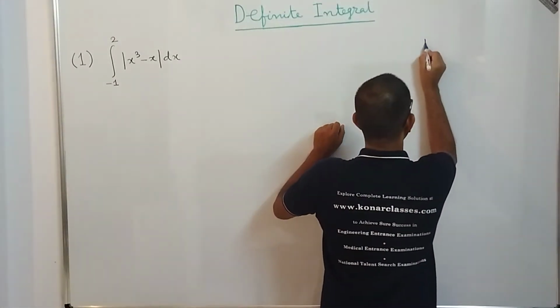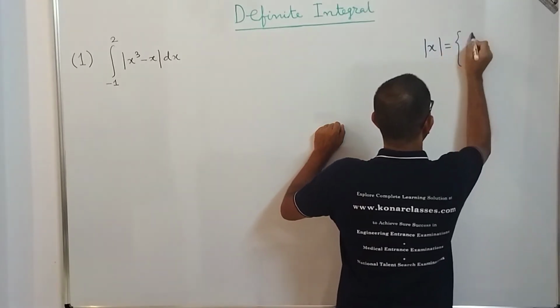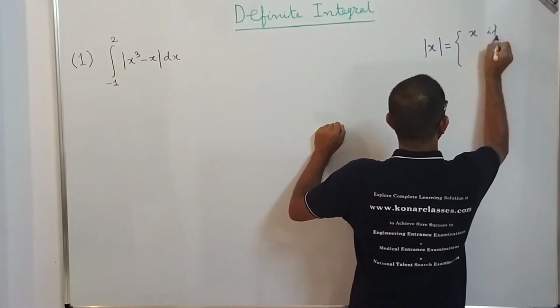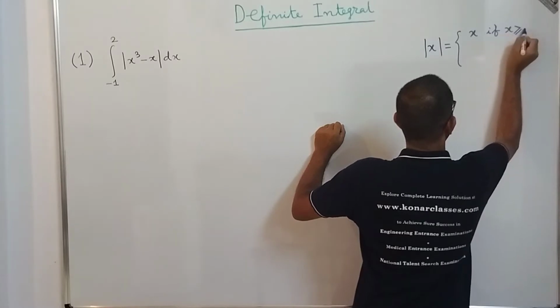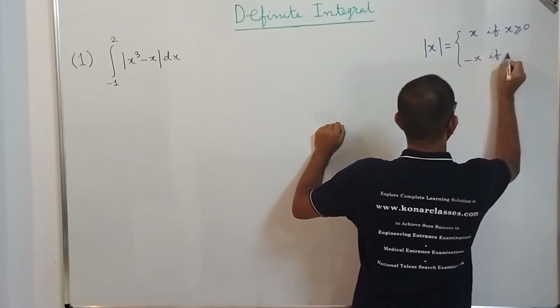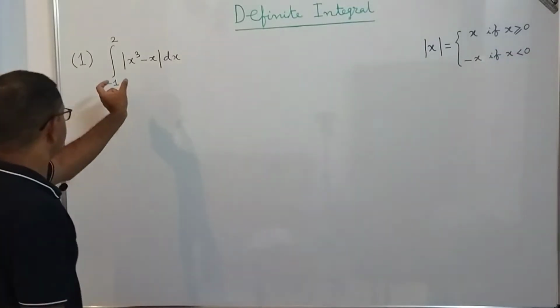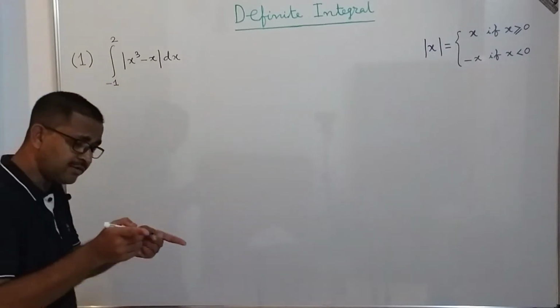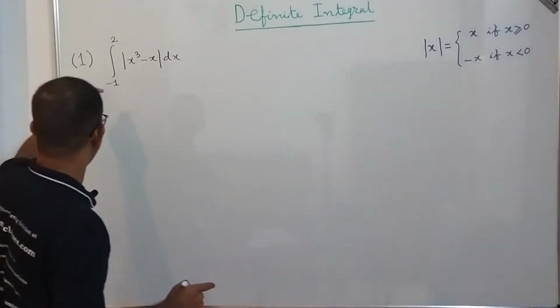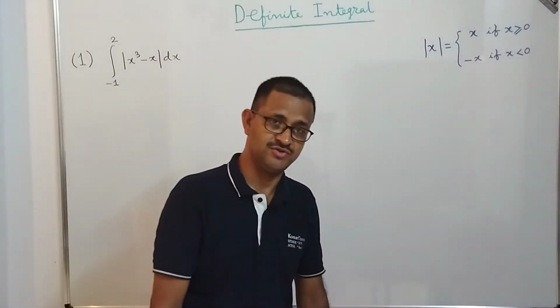If you recall, mod x is equal to x if x is greater than or equal to 0, and minus x if x is less than 0. So now we need to find at what range between -1 to 2 that x cube minus x is greater than or equal to 0.